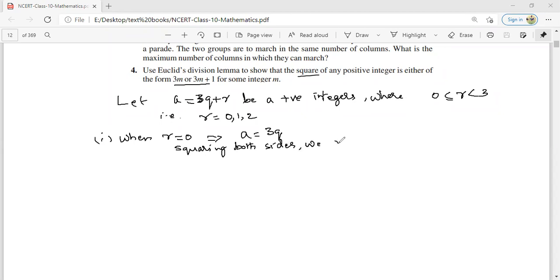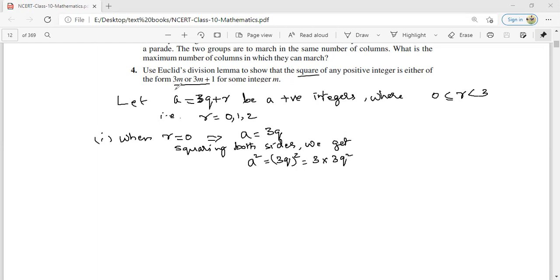we get a square is equal to 3q whole square, that is 3 into 3, 9q square, which is 3 into 3q square.